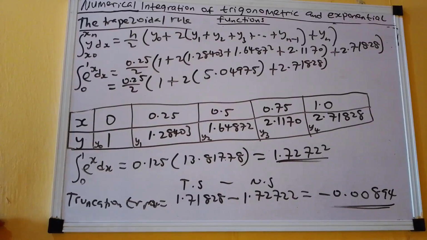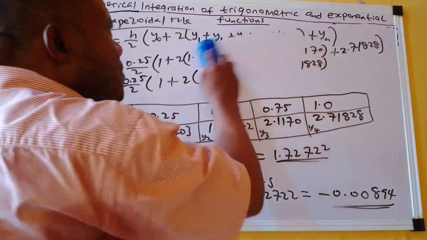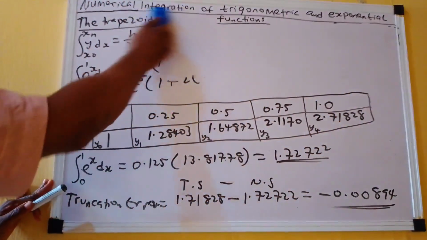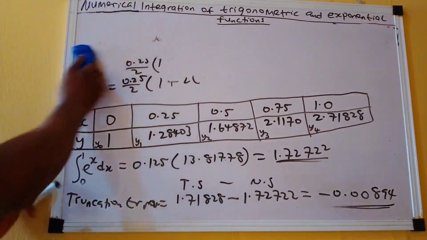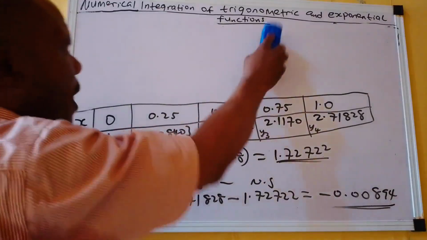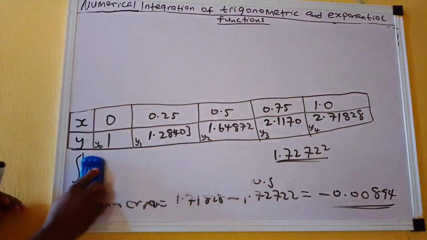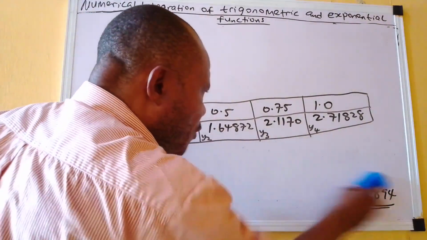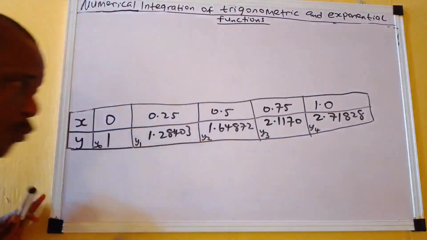So lastly, let us see how we can use Simpson's 1/3 rule to also solve this problem. At the end of it all, we will do what we call error analysis, comparing errors from the 3 methods used.